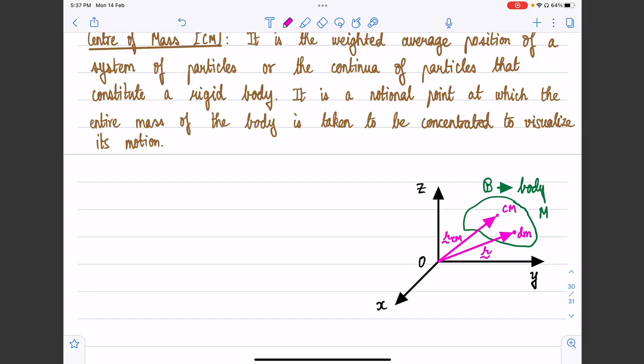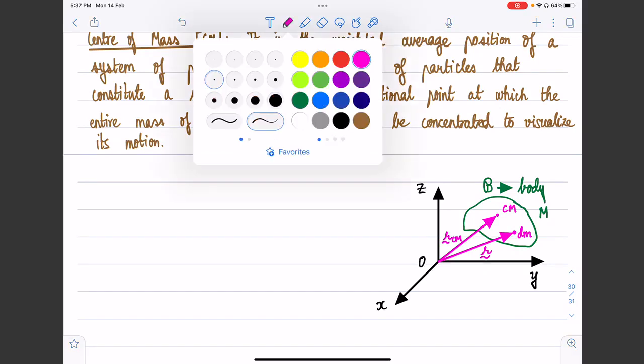Now the question becomes, given this, how can we get the position vector of the center of mass?